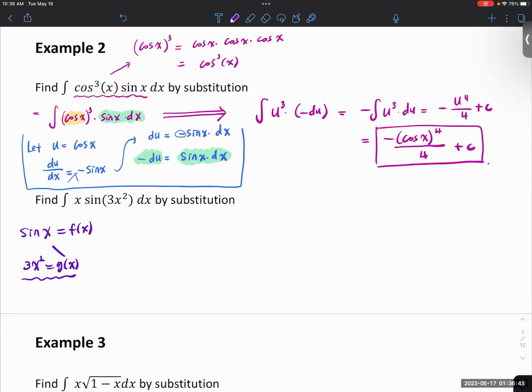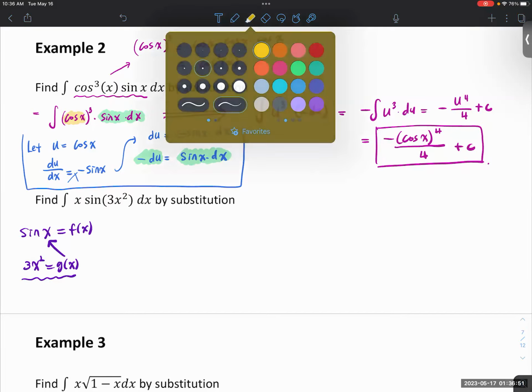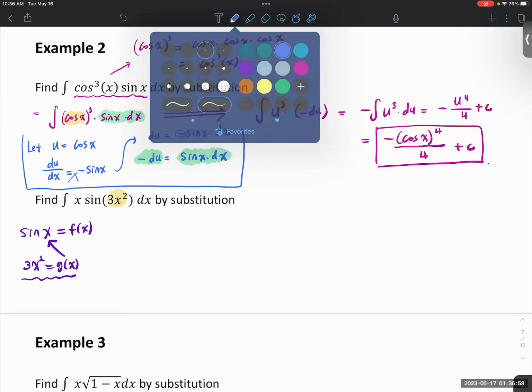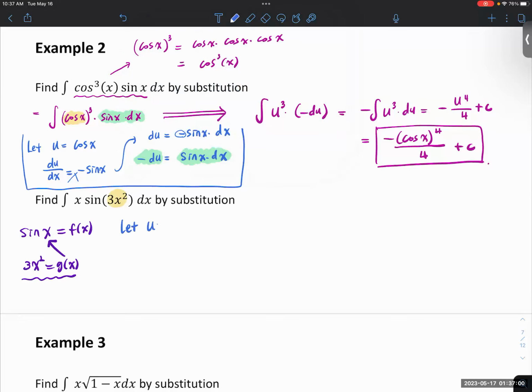This g function has been subbed into the sine function, correct? Definitely, this is a composition function. So I'm going to set 3x to the second as my u. Let u equal 3x squared, because that's a sub.